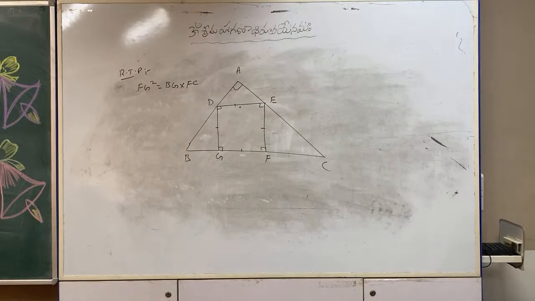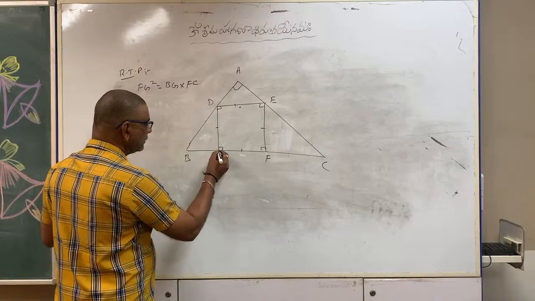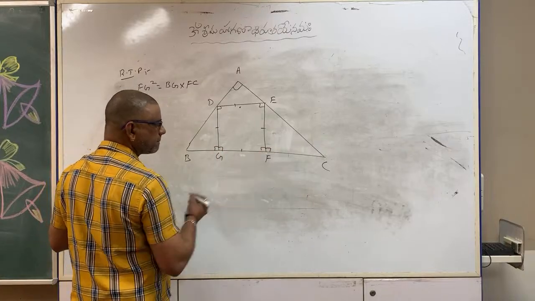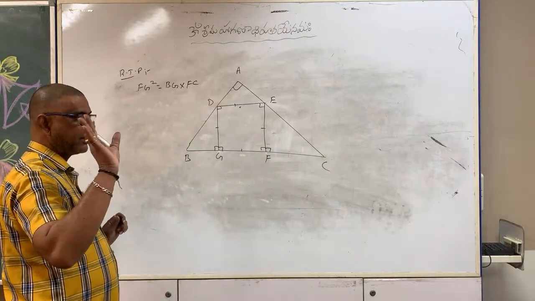Right, I'll tell you. See here. This is 90, so these two triangles are right triangles. Keep that in mind.